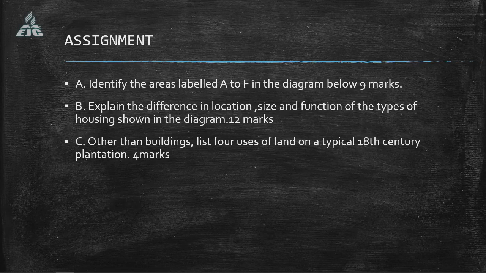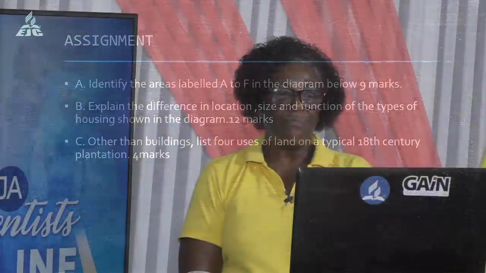C, other than buildings, list 4 uses of land on a typical 18th century plantation. And that's 4 marks. So you would have realized that you are asked to list. You will just be going straight ahead to list 1, 2, 3, 4, because that's just 4 marks.